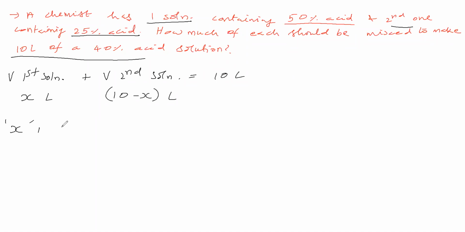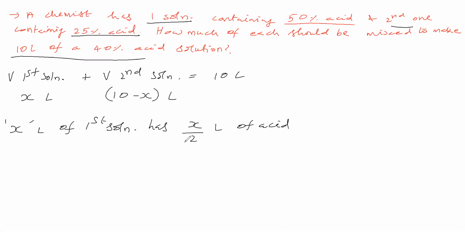X liters of first solution has how much acid? The first solution contains 50% acid. Therefore, x liters will have x by 2 liters of acid.